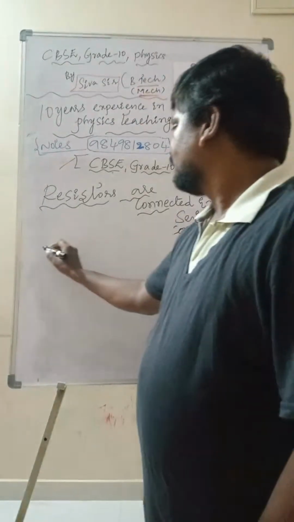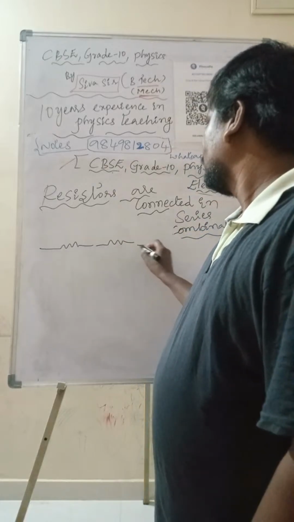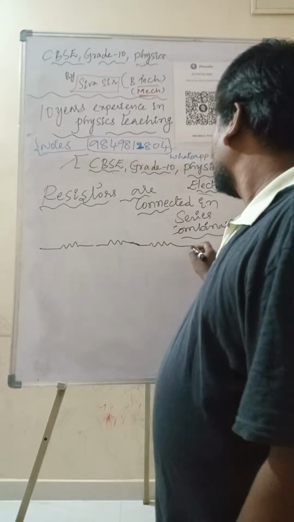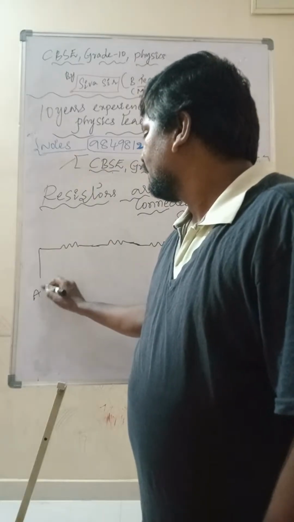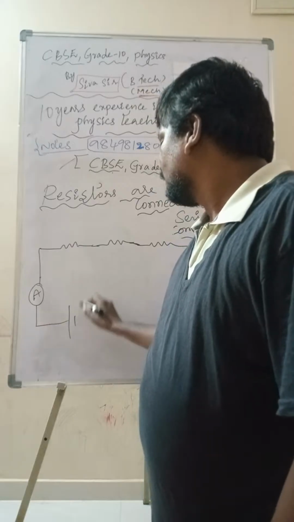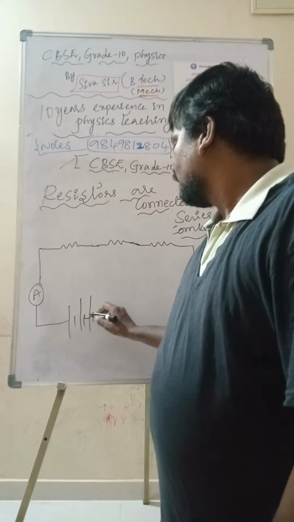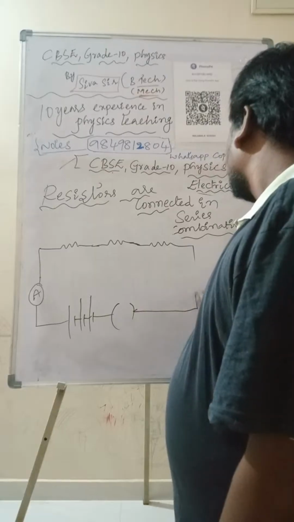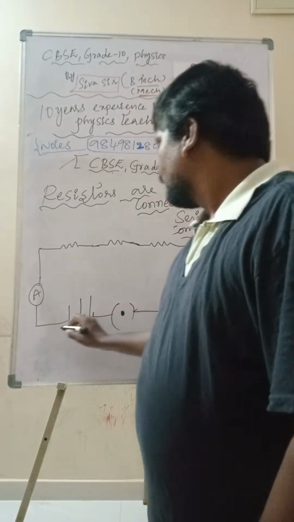1, 2, 3. Here we have the ammeter, battery, switch, and current is passing.